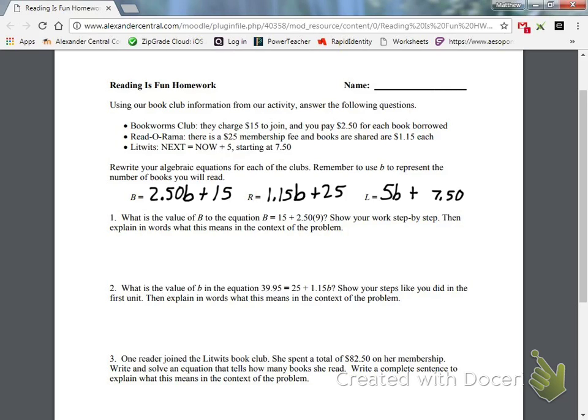So number one, what's the value of B represent in your equation? So let's write the equation. So we got B equals 15 plus 250 times 9. He wants to know what the big B right here, what that stands for.